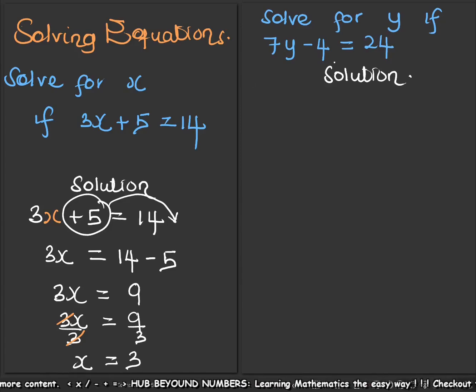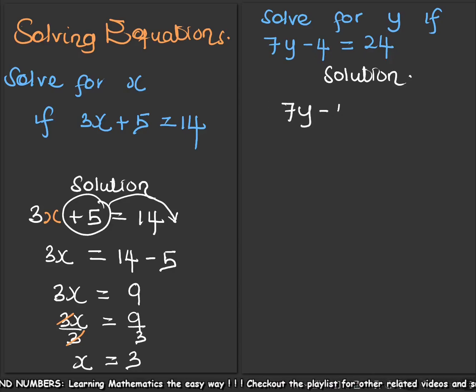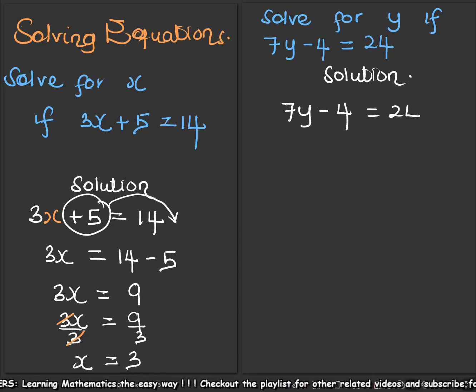Okay, so for this second question, it says you have to solve for y if 7y minus 4 gives us a 24. So we have 7y minus 4 giving us a 24. It is the same procedure. All you want to do is isolate your y, and start by moving those terms you can easily deal with.